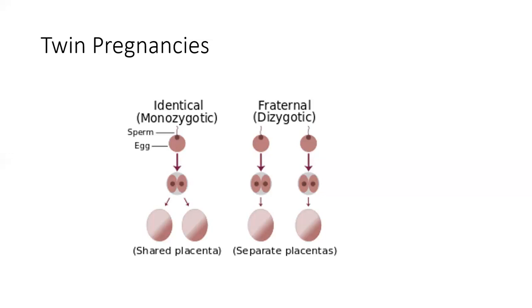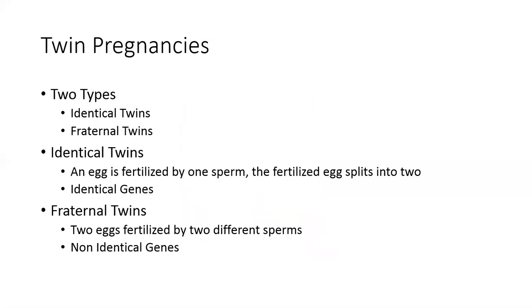That leads to the creation of two separate embryos, and they have their own unique genetic makeup. So the main difference is that with identical twins, it's one sperm and one egg. With fraternal twins, you have two eggs and two sperms. And like the name implies, identical twins have the exact same genetic makeup.